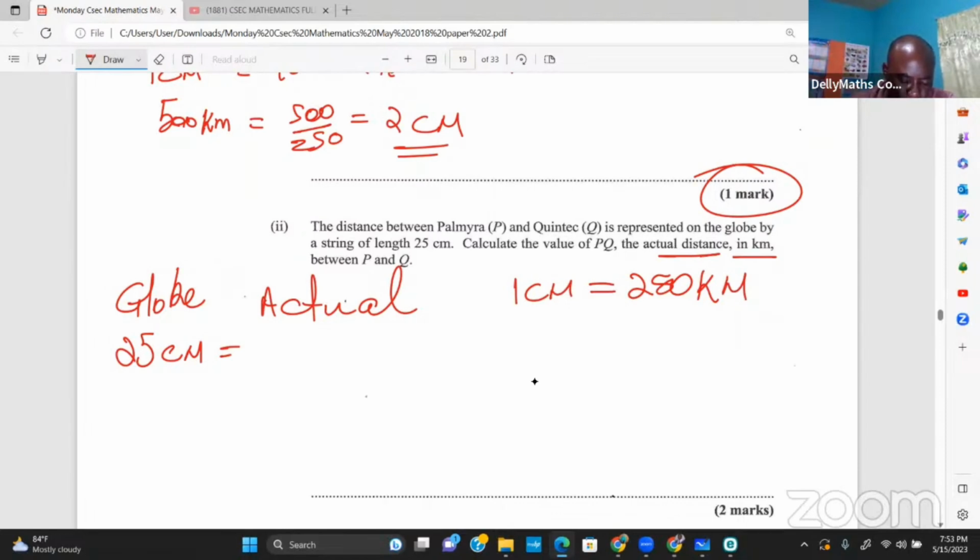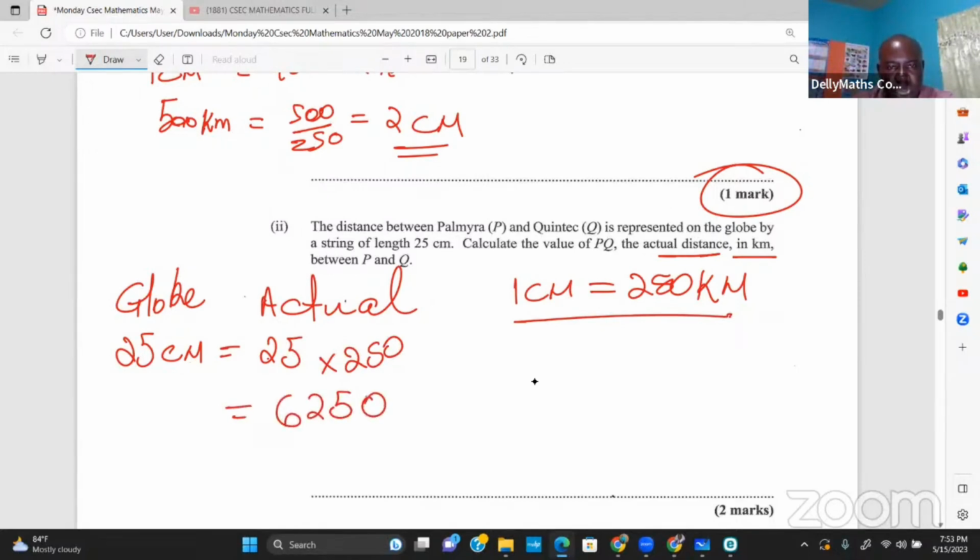So what I'm going to do now is just to multiply 25 by the 250, because for every 1, it's 250. So 25 times 250 is going to give me about 6250 kilometers.